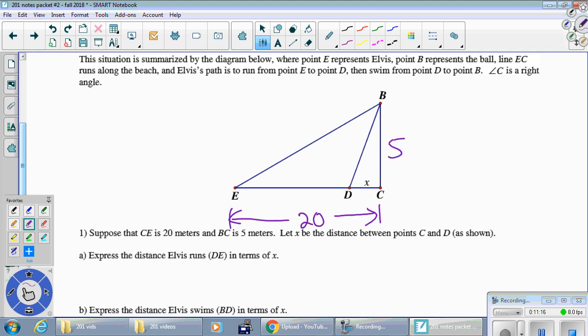Great. And it says, let x be the distance shown, and then express the distance DE in terms of x. Okay, so DE, which is this right here, is just 20 minus x.